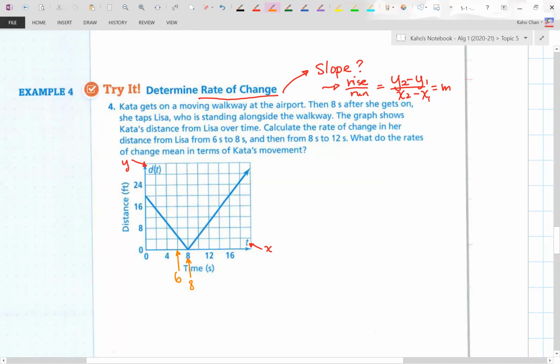Between 6 and 8 seconds, the distance away between Kata and Lisa can be graphed like right about here. And here. Okay? So those 2 points we're going to identify as point 1 and point 2. Doesn't matter which one you use as long as you're consistent. Okay? Let's go ahead and find the rate of change from 6 to 8 seconds.